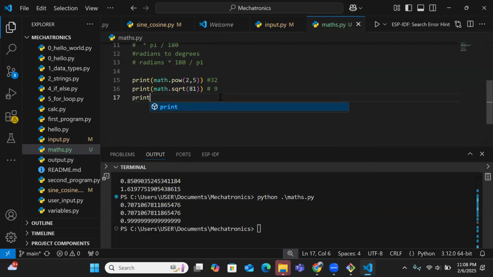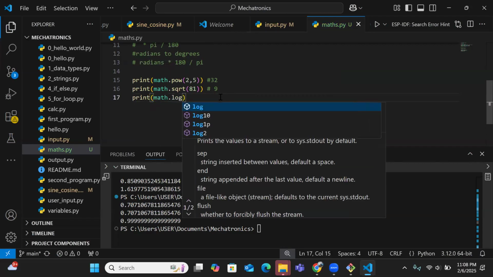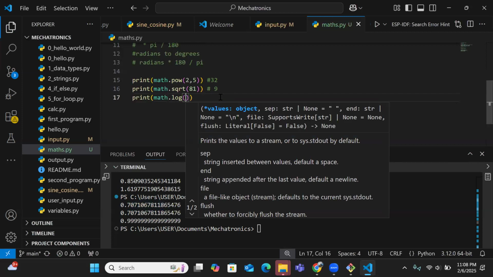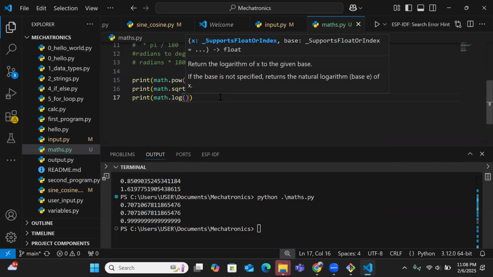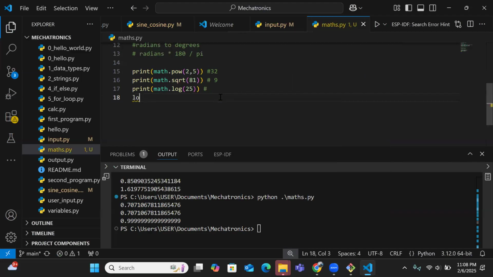You can also do the natural logarithm, math.log. Log to base 10 is log10, log to base 2 is log2, but the natural logarithm is just log. What is the natural logarithm of 25? You can check it online, then you confirm. Then we want to get the maximum between two numbers. I hope you are typing with me.